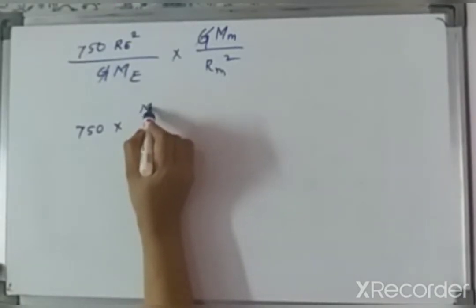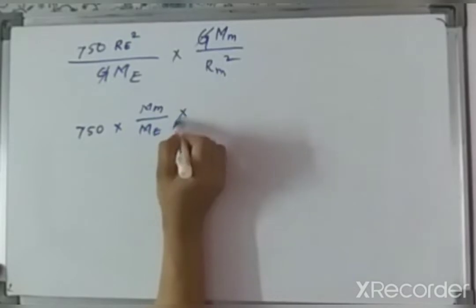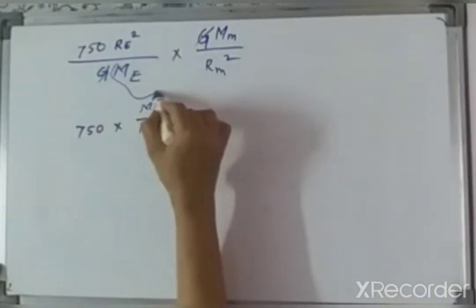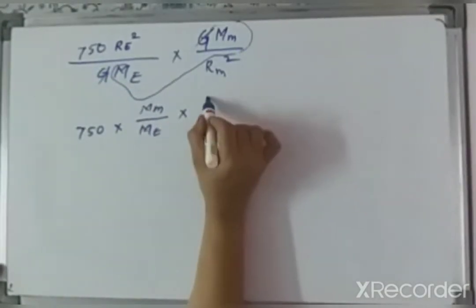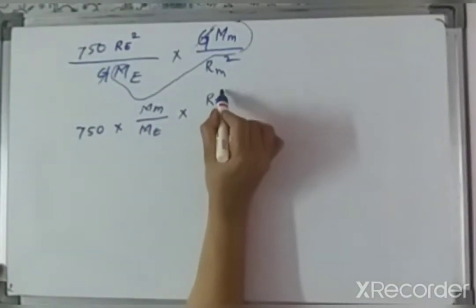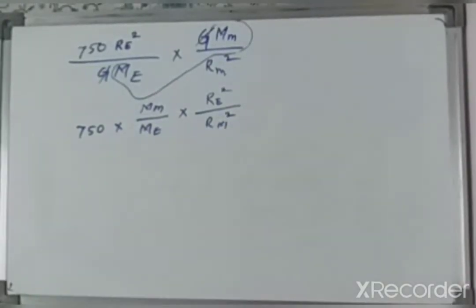So mass of moon upon mass of earth multiplied by, I have written this as one ratio, radius of earth square upon radius of moon square. Okay.